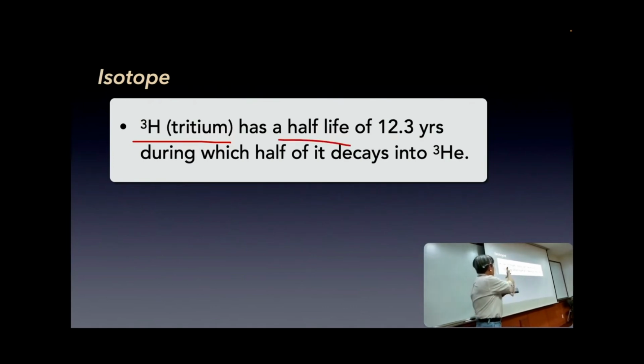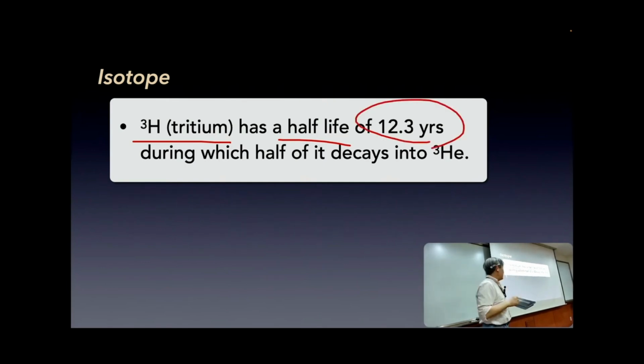And every different radioactive isotope has a different half-life, obviously. So in the case of hydrogen tritium, its half-life is 12.3 years. What do I mean by that, 12.3 years?